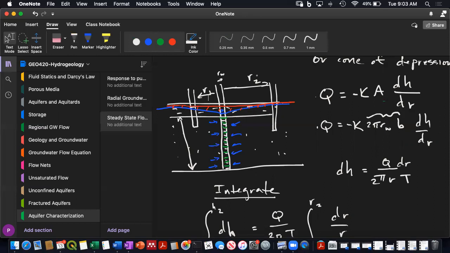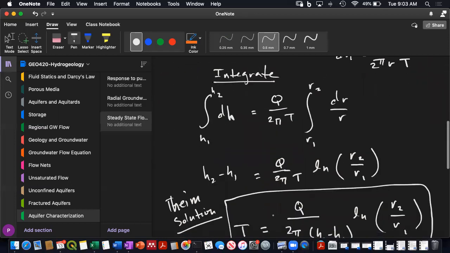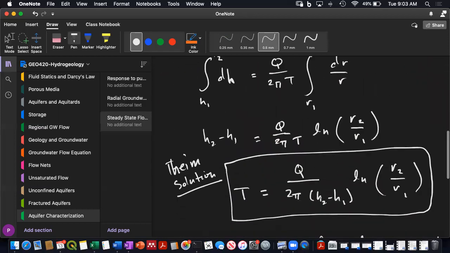Yeah, it doesn't matter as long as H2 corresponds to r2 and H1 corresponds to r1, it doesn't matter which one's closer or farther away, the signs will all fall out. It turns out it won't matter.